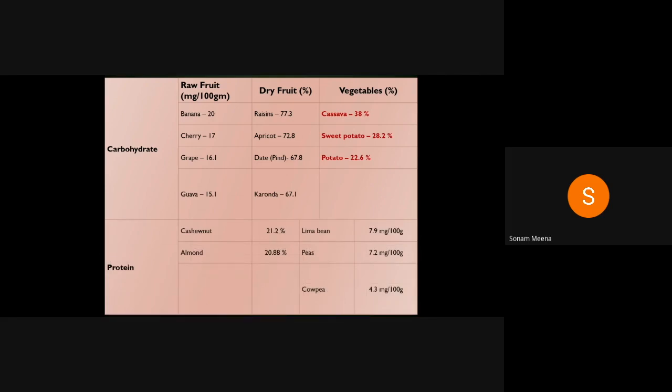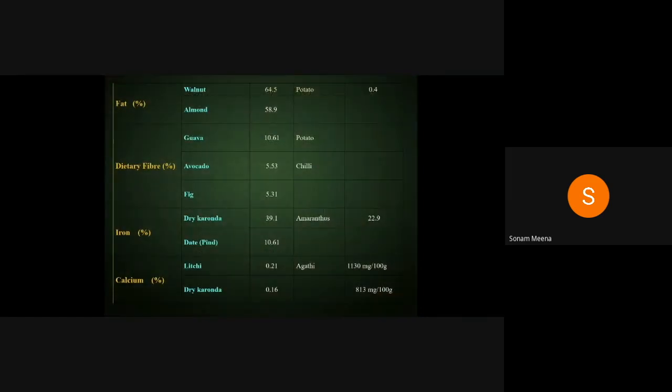In vegetables, cassava contains carbohydrates 38%, sweet potato 28.2%, potato 22.6%. You may take a screenshot of this. And also fat like walnut, almond, guava, dietary fiber, avocado, fig, iron, calcium. Lychee contains 0.21%. This is very important. Dry karonda 0.16.